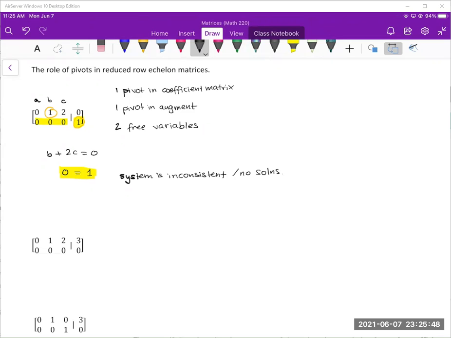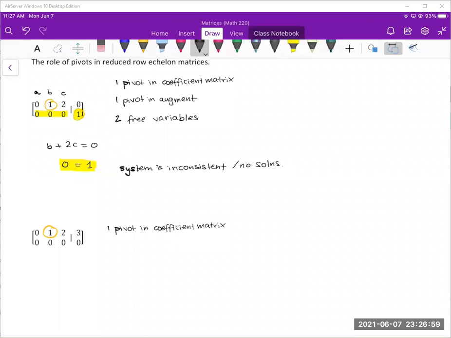Let's take a look at the same coefficient matrix with a different augment. Okay, so if you look left of the augment, we see that we have the same setup. Here we've got one pivot variable in the coefficient matrix, just that one pivot, no pivots in the augment this time.